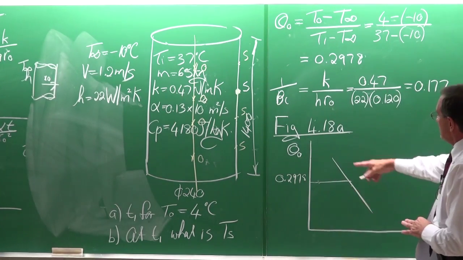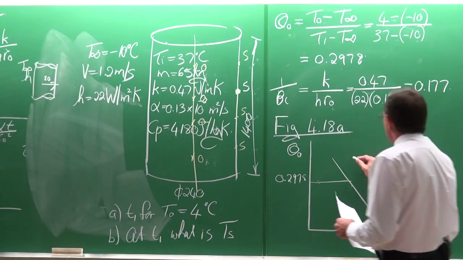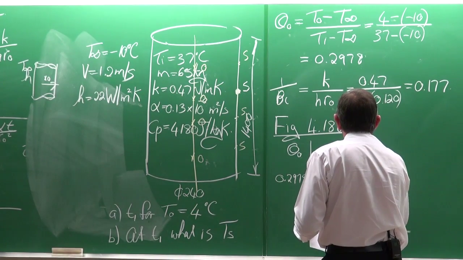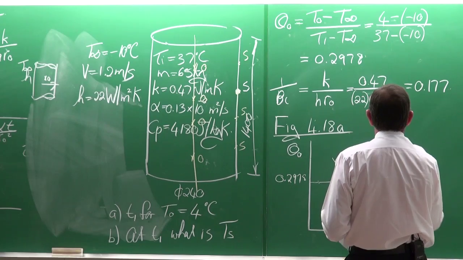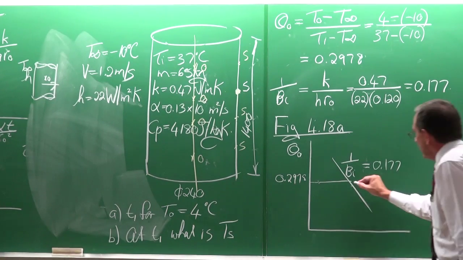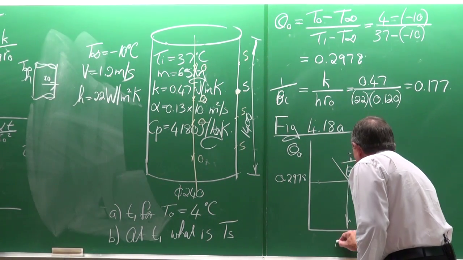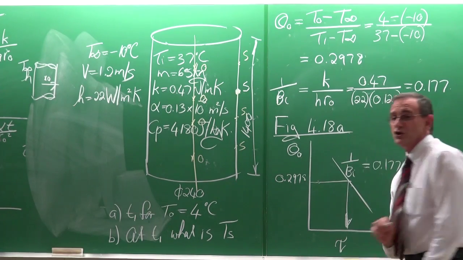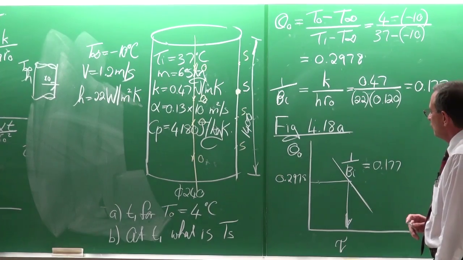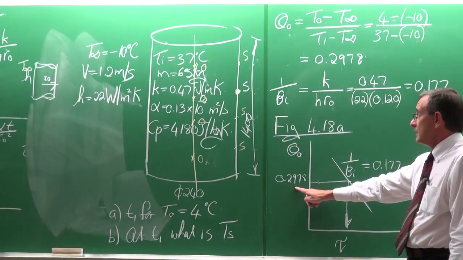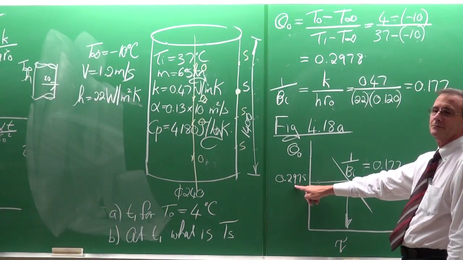And here we look for 1 divided by the Biot number, which should be equal to 0.177. And from that we can get tau. Do you agree? Please take a look at it for me. Where theta 0 is equal to 0.2978. Can you get it?